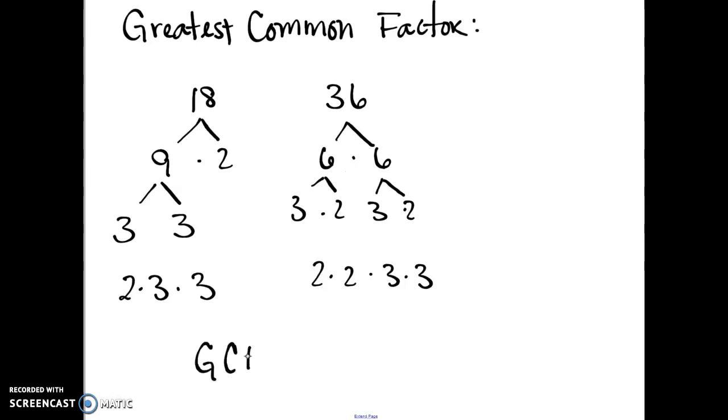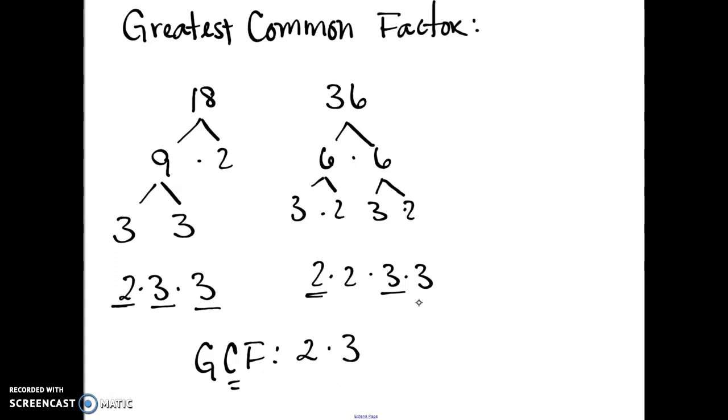So the greatest common factor then would be the product of any factors that are common to both numbers, or any factors that are in both numbers. So if I look, I see that there's a 2 in 18 and a 2 in 36. So that is a common factor. There's a 3 in 18 and a 3 in 36. So that is a common factor.